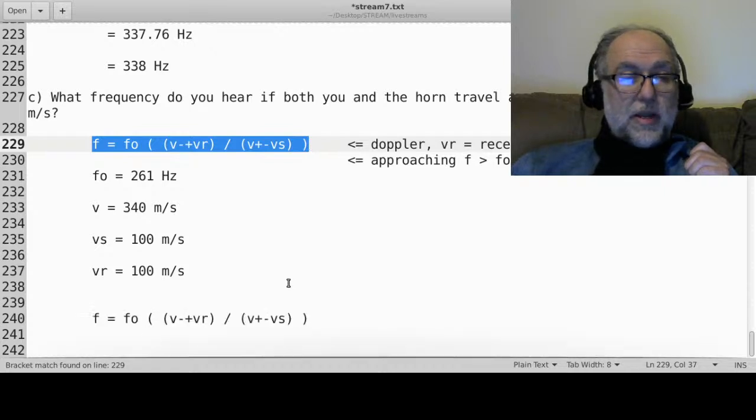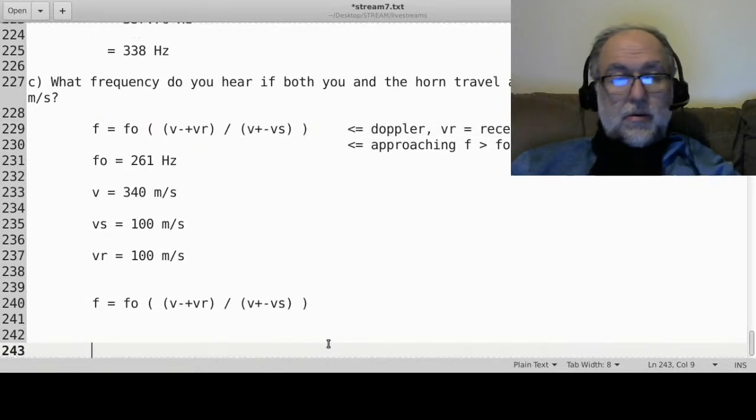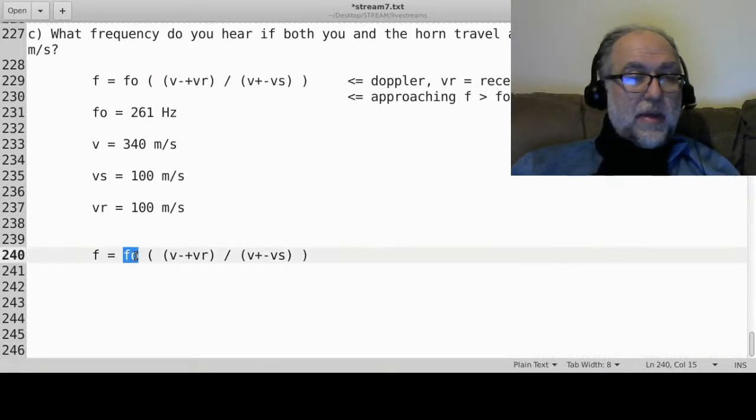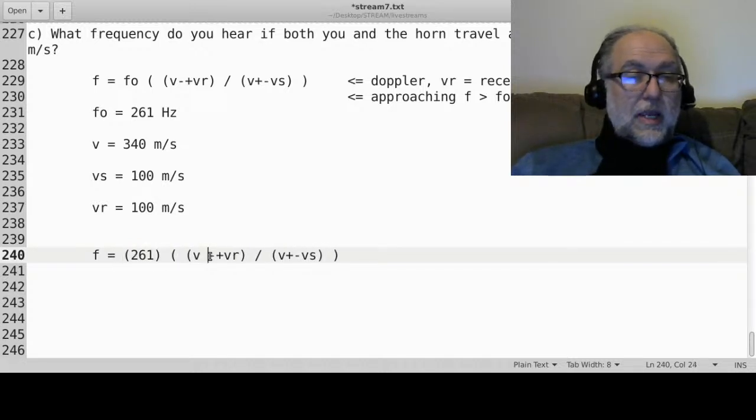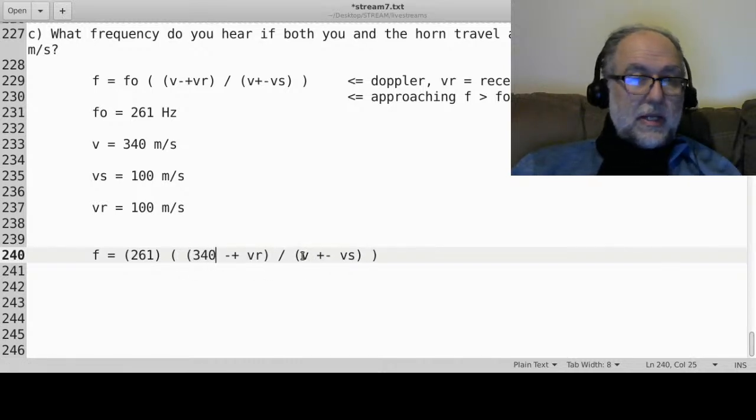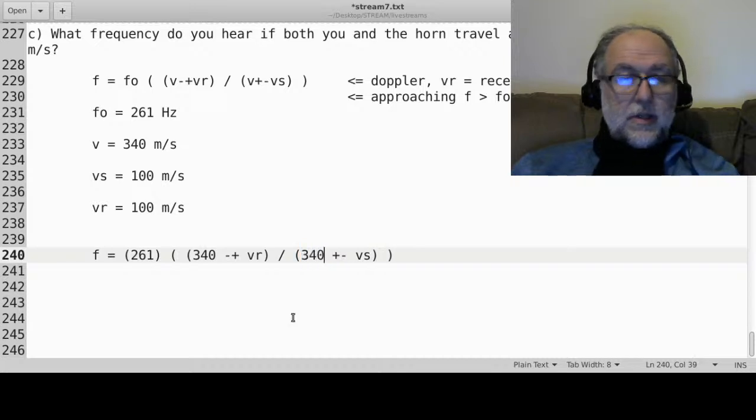So starting with this formula right here, okay, what are you going to do? Well, the base frequency here is 261. Okay, the velocity of sound is 340 meters per second and 340 meters per second.